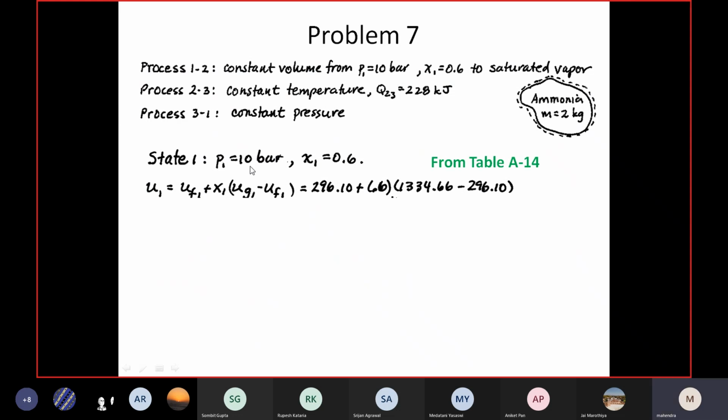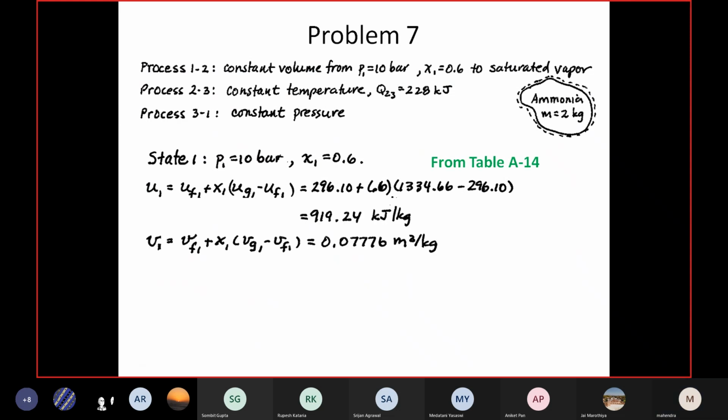In the same table, for the 10 bar pressure, we will be getting the saturated liquid internal energy and saturated vapor internal energy. The data is readily available in our table for 10 bar. Then the dryness is given over here. So at state 1, the internal energy we are calculating.